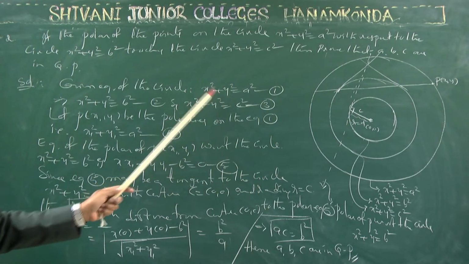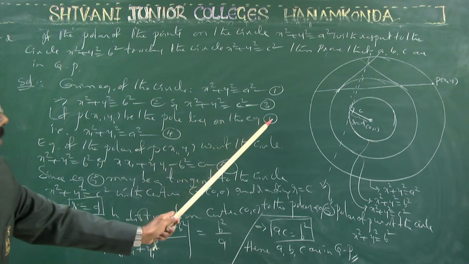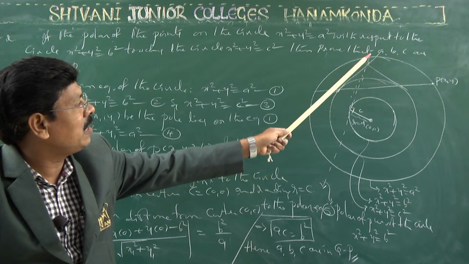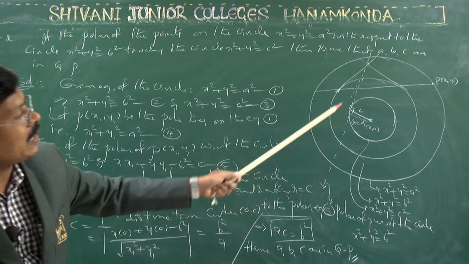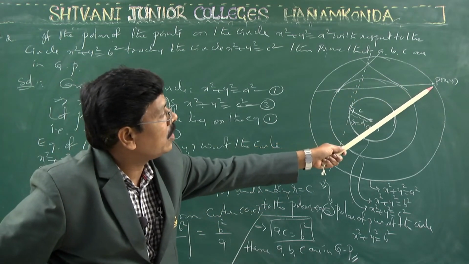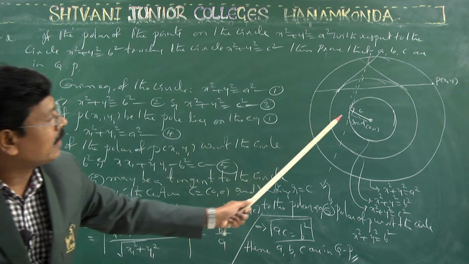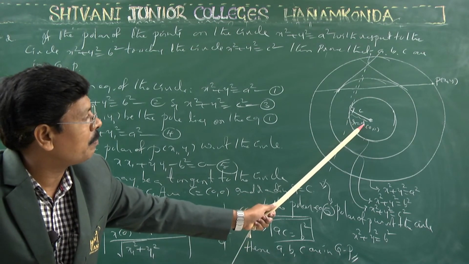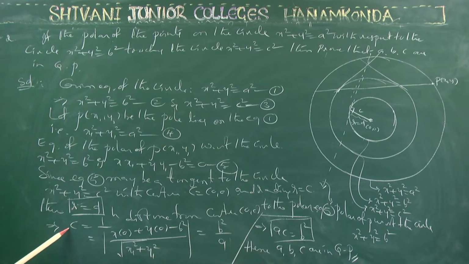P lies on the first circle, equation 1, and is also the pole. The dotted line is the polar of P of x1 comma y1 with respect to the second circle, and it touches the third circle. The condition is that the radius equals the perpendicular distance from the center to the line.